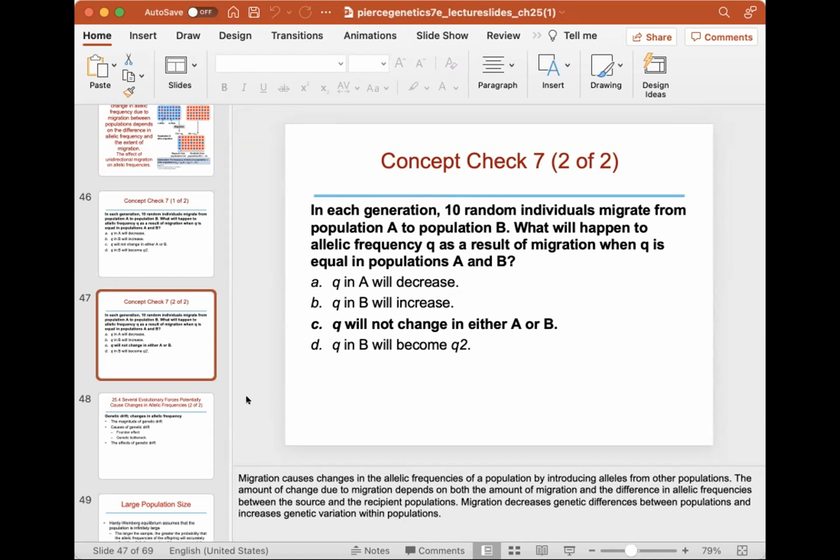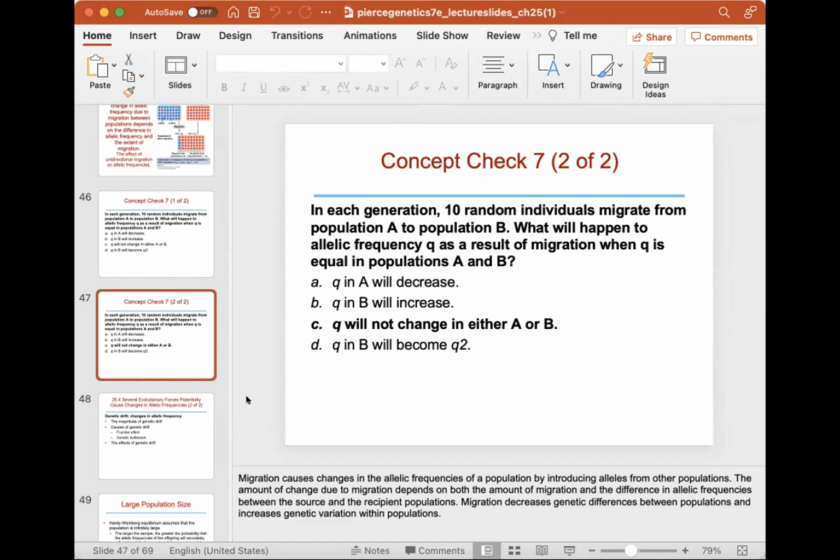I think the amount of Q doesn't change, it's just in a different place. The overall frequency of Q is accounting for both populations A and B, so it would be the same amount of Q.